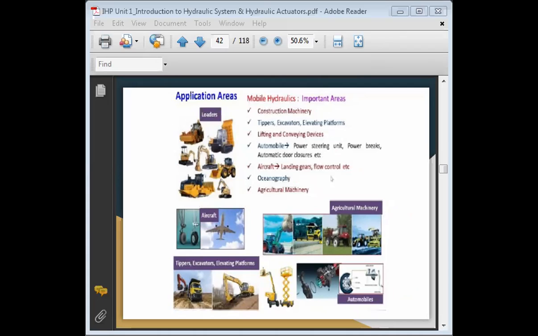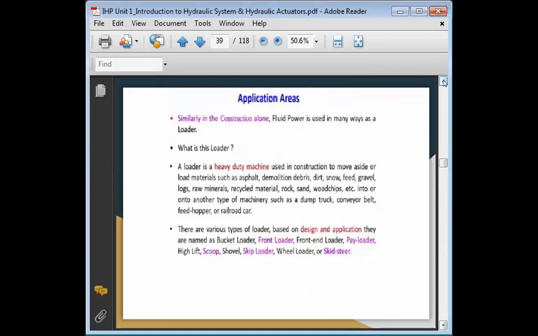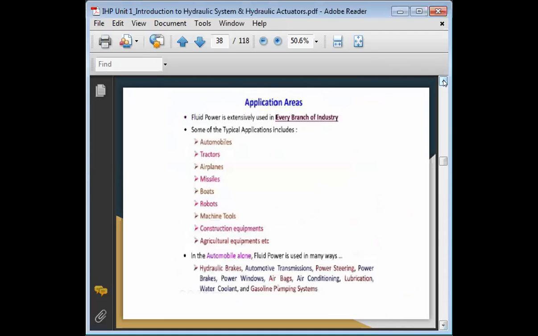Now I request you all, please write down these applications. No need to write this, I will show the application areas of fluid power. So just write down those 5 or 6 points I have written, that typical application areas include the automobile to the agricultural equipment. I will give you 2 minutes to write this.